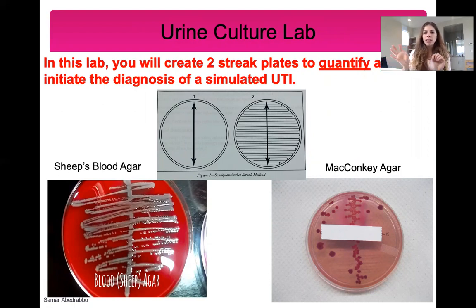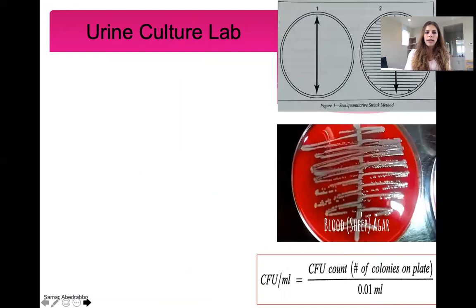I'm going to talk about each, but on each plate, you're going to streak a sample and assume it was urine, as if someone had given you a urine sample. And that's what clinical microbiologists do. And then you're going to count colonies of bacteria, these little circles, and determine if the person potentially has an infection. So we're going to start by talking about the blood agar plate and then the Kaneki agar plate.